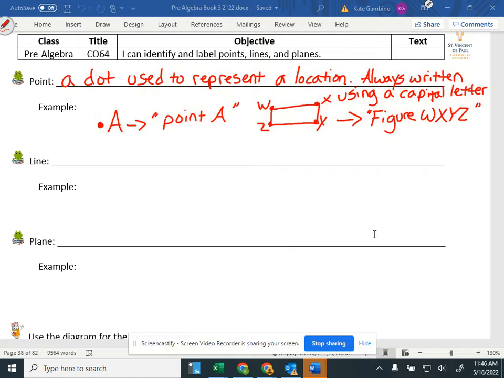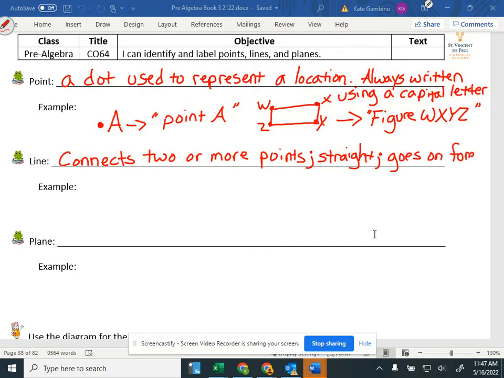So a line connects 2 or more points. It is straight. If it's a line, it's going to be straight. And a line goes on forever.